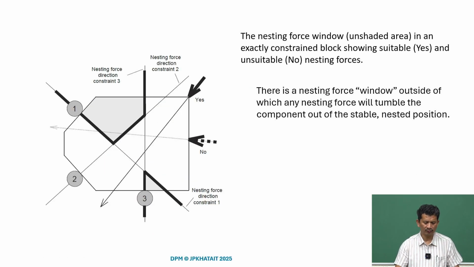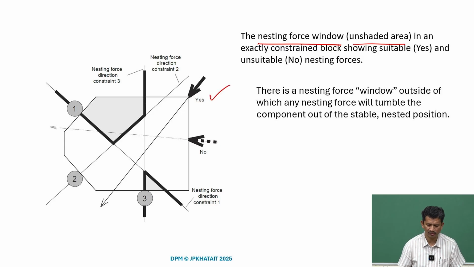There is a way to calculate the nesting force. What we also need to find is the nesting force window. So, there is a window, and if any force passing through that area, so in this case is the unshaded area, if any force passing through that area, that's a yes.